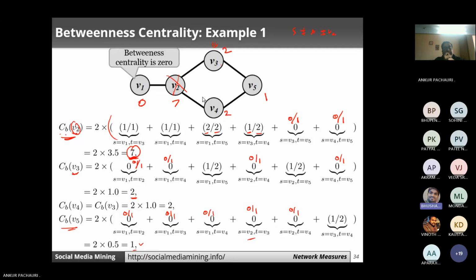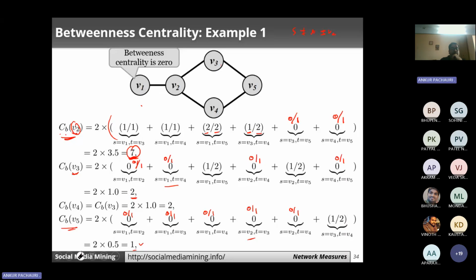Sir, I think there is an issue in the calculation of CB V3, the second term. Here, V1 to V4, there are two paths, right? And one is passing through V3. Let me check.